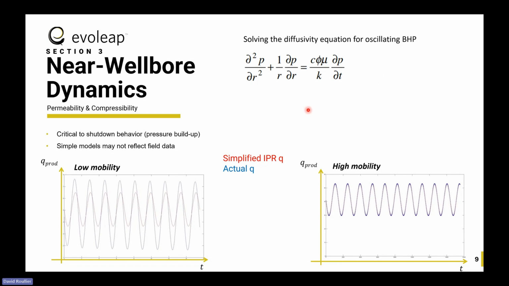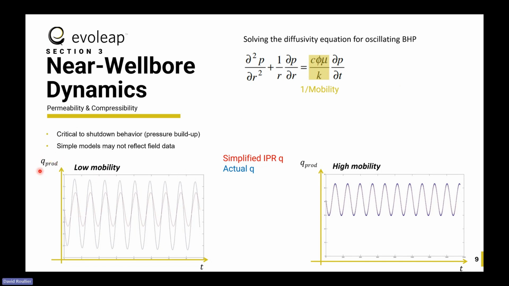If you solve for this specific partial differential equation and focus on this ratio here, which is 1 over the mobility, basically the permeability K, the fluid viscosity mu, the porosity of your reservoir phi, and the compressibility C. And we overimpose this behavior with an oscillating boundary condition, okay?